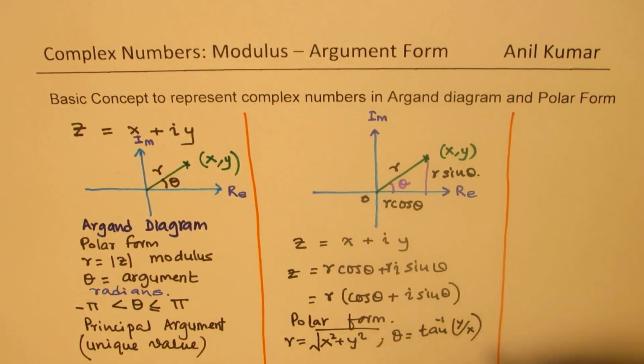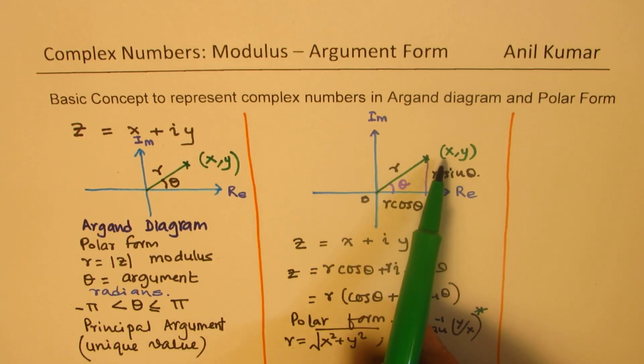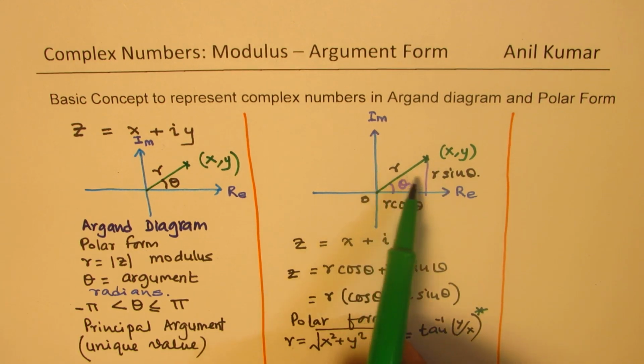However, this value tan inverse y over x will be seen in more detail. So this is not always correct. We may have to do some adjustments depending on where the complex number lies, in which quadrant.